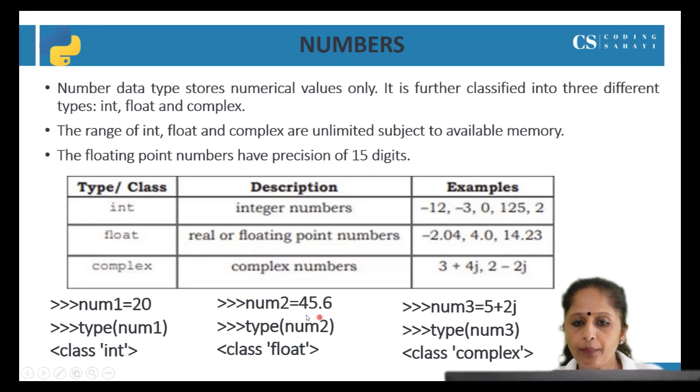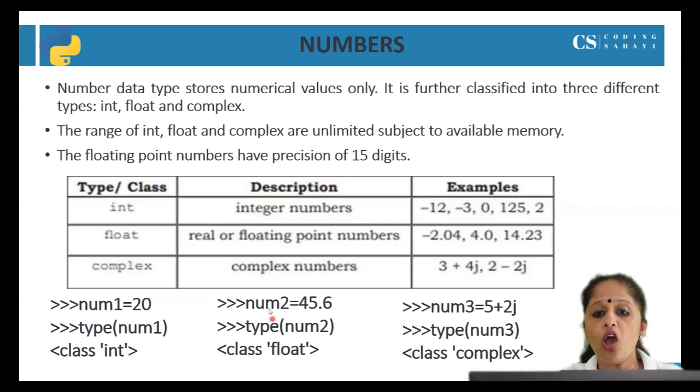So this 45.6 is a real number, or a floating point number with a decimal point, and I am assigning this to the variable num2. So when you check type of num2 in the editor, it returns class float because here we have a floating point number. The values we assign to a variable determine the type of the variable.